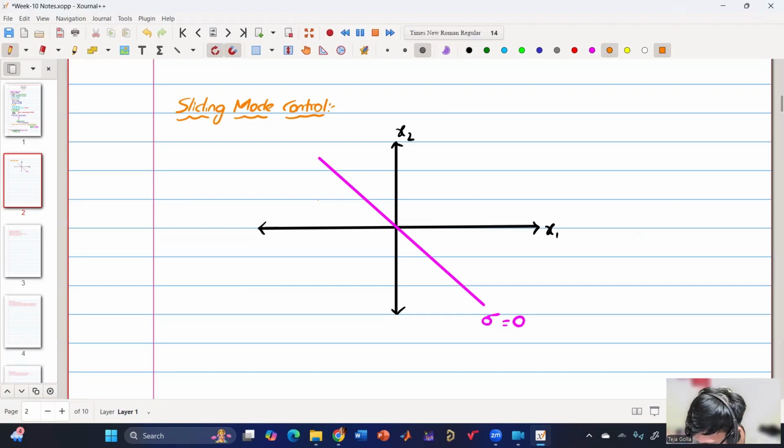Say this point is our equilibrium point, and we are starting from somewhere else. My objective is to switch between q equals 1 as well as q equals 0, and based on this switching, go from this initial point to the final equilibrium point.